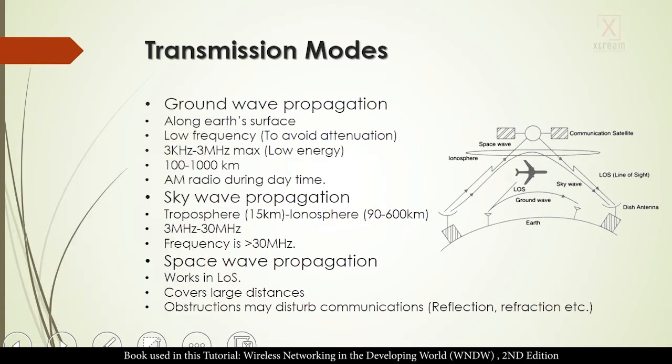Now the third transmission mode is space wave propagation. Space wave propagation works in line of sight. It uses frequencies greater than 30 megahertz, and it can cover large distances. For example, it can be used for satellite communication with satellites about 36,000 kilometers above the ground, like geostationary satellites.